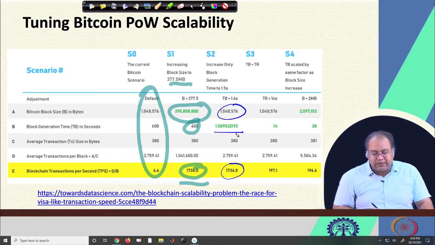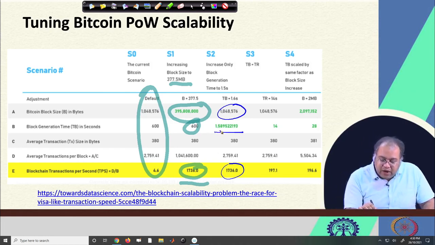Now, if I compute for which block generation time I can get Visa's transaction throughput with a 1 MB block, we get a value equal to 1.589, so something close to 1.6 or 1.5 seconds.